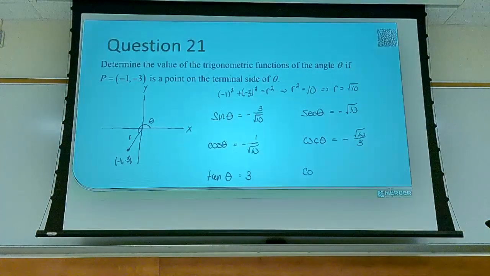And cotangent? Negative 1 over negative 3. It's just 1/3. We can do this all day.